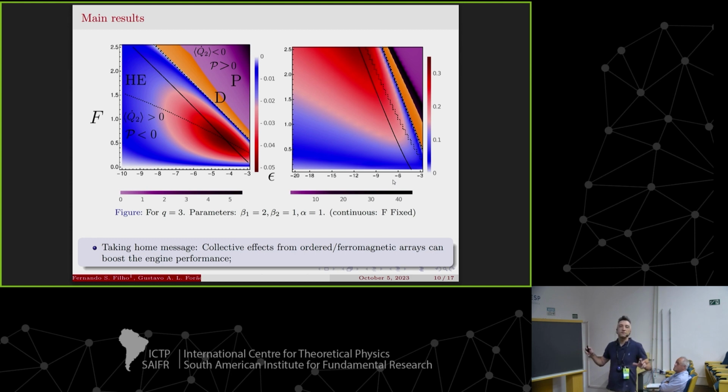So in this case, the system is ferromagnetic and operates as a heat engine, and you can increase either the interaction or the driving, and the power can be optimized. We see that there is a central region here in which it can be simultaneously maximized, providing a maximum power.